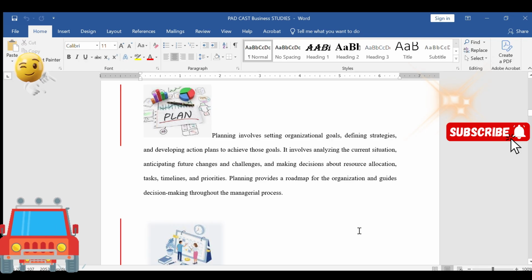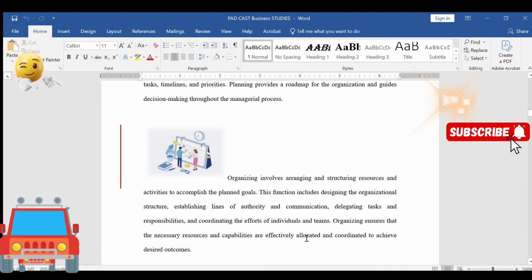It involves analyzing the current situation, anticipating future changes and challenges, and making decisions about resource allocation, task timelines, and priorities. Planning provides a roadmap for the organization and guides decision making throughout the management process.